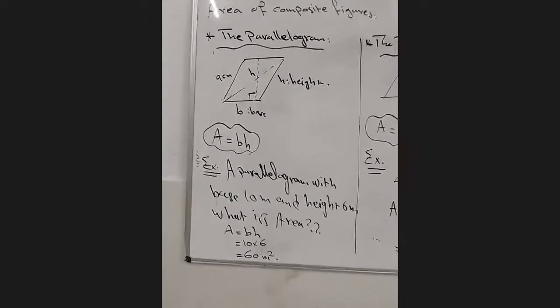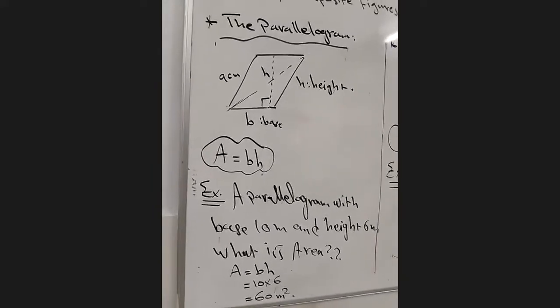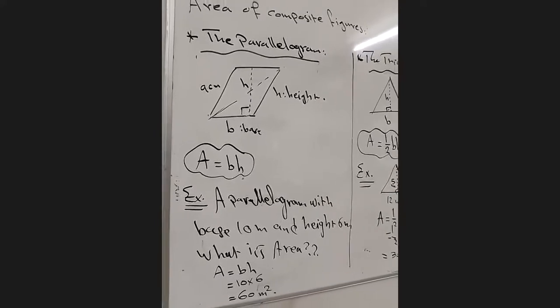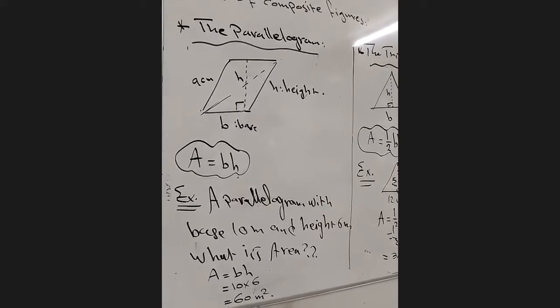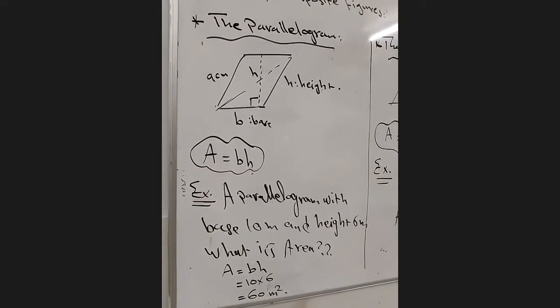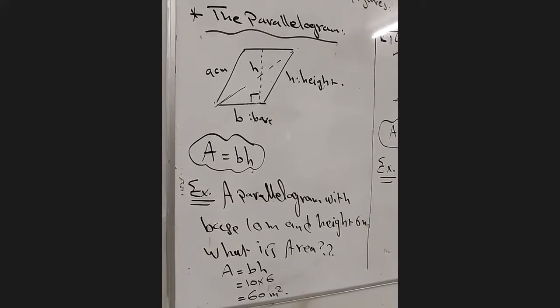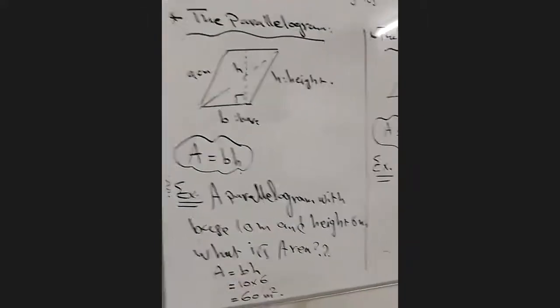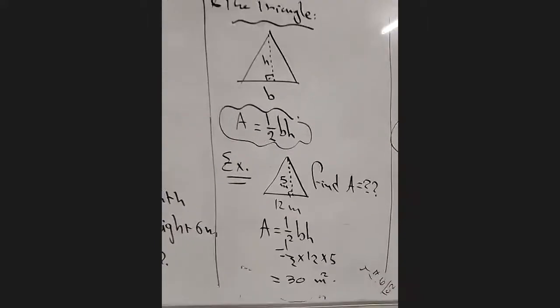This is the parallelogram, guys. If you didn't have time to copy, I will pass through them quickly so you can copy the formula and the base, please. It's easy, BH. Here the triangle.